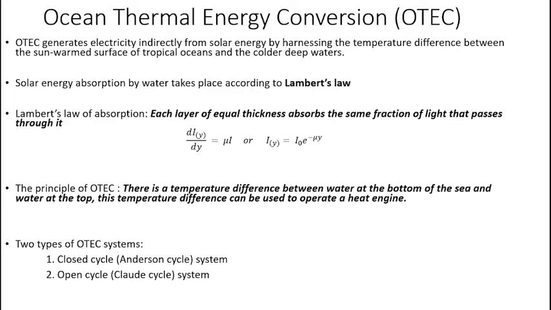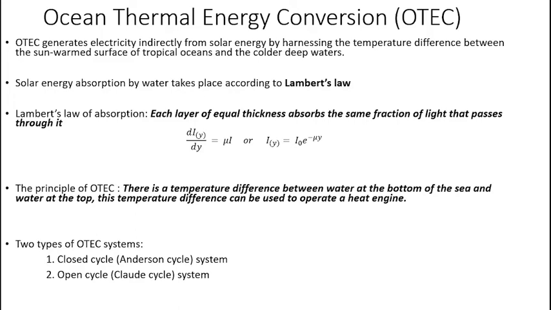And its mathematical representation is dI(y)/dy = -μI, or I(y) = I0 e^(-μy). This I0 denotes intensity of radiation at the surface.